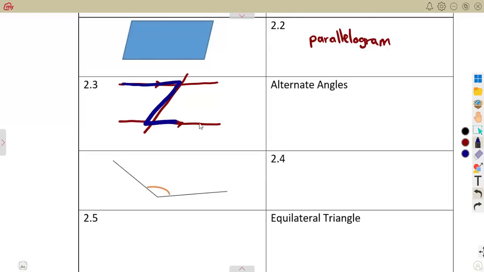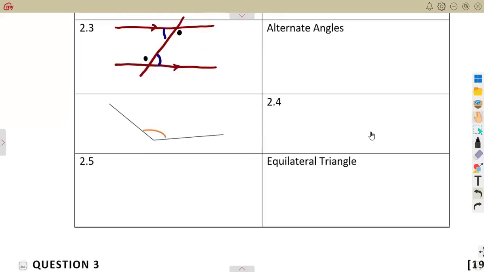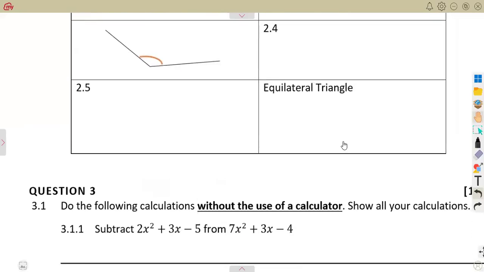They create a Z. So you can indicate alternate angles, this angle and this angle. They create a Z. You can also talk of this one. That's alternate angles, this angle here and this angle here. So you can just indicate like that: alternate angles create a Z. So you're back to the properties of parallel lines.